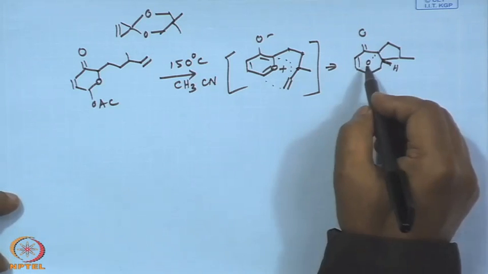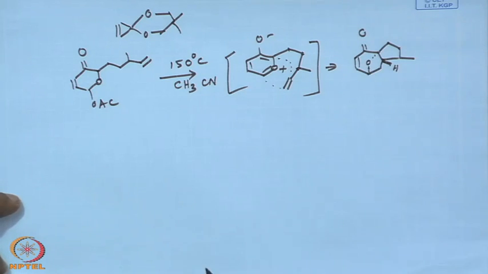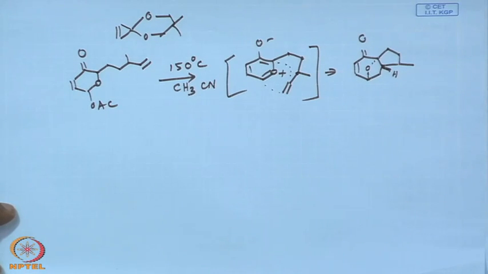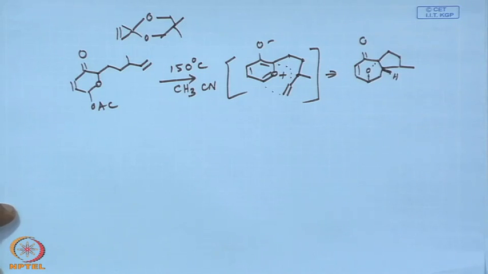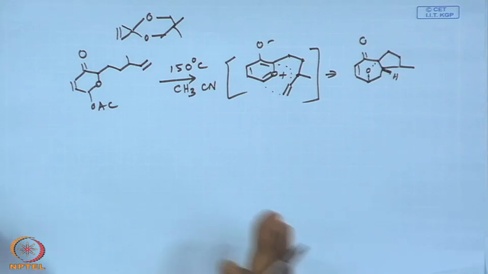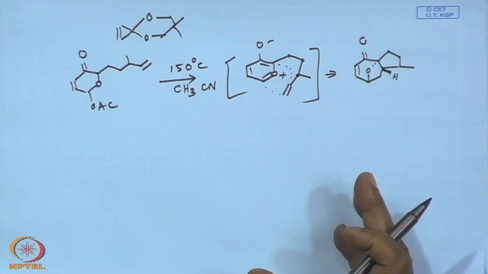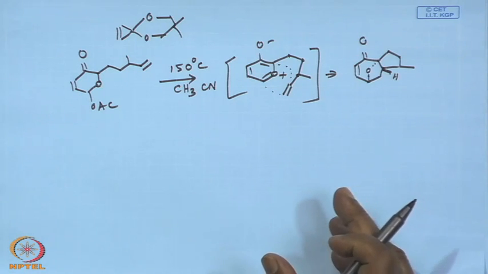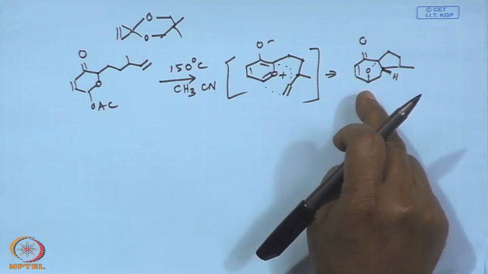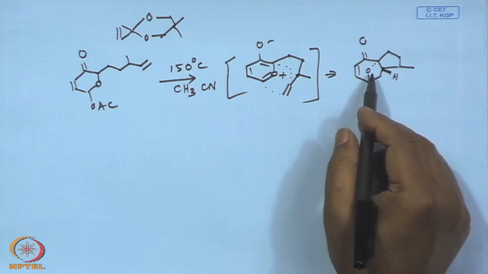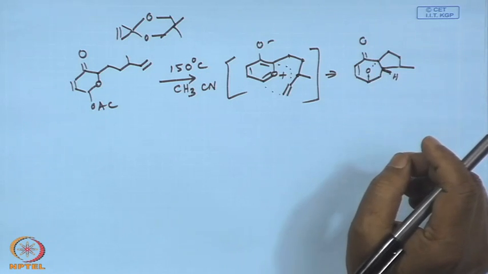What you get is once again a 7 membered ring system. So what is the lesson? Basically this is an example of how to construct a bicyclic molecule. Truly speaking it is a tricyclic molecule, because you have an oxygen bridge here.